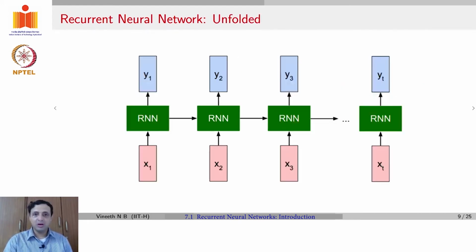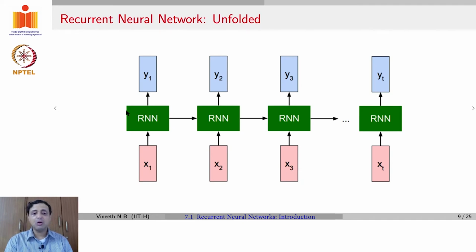If one unfolded the recurrence, you would get a network such as this, where you have a set of inputs x1 to xt over time. That's a sequence of inputs, and that's why we are looking at this as a sequence learning problem. For each input, you give that input to an RNN block.